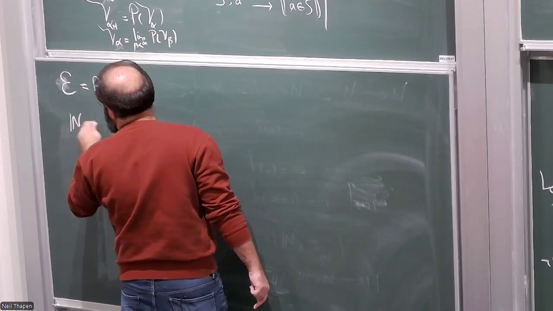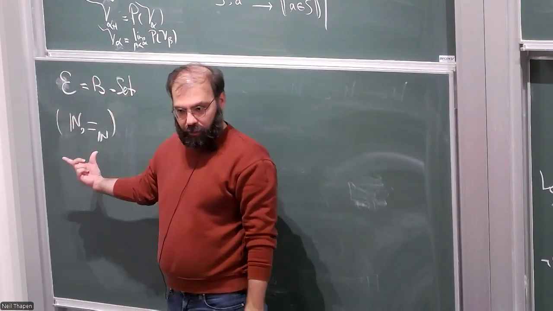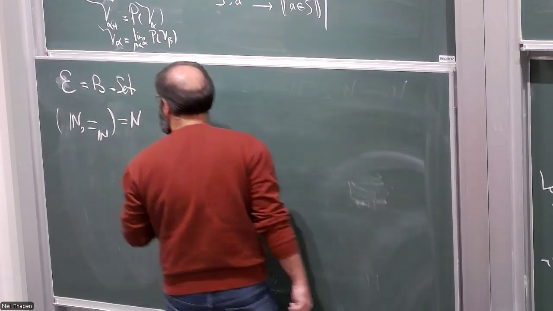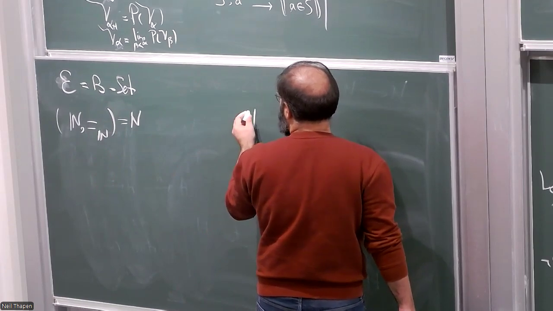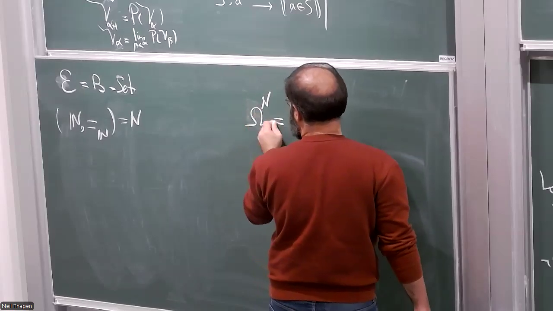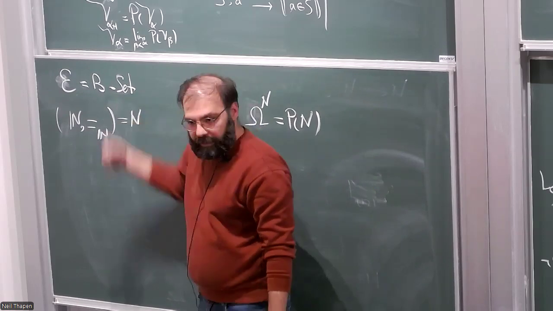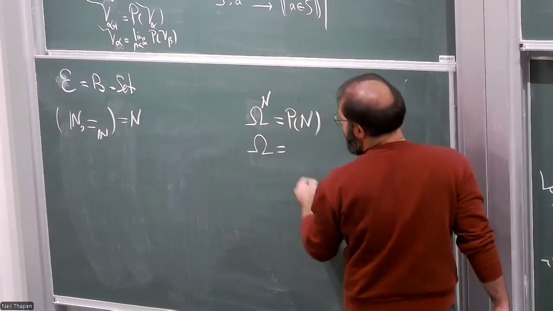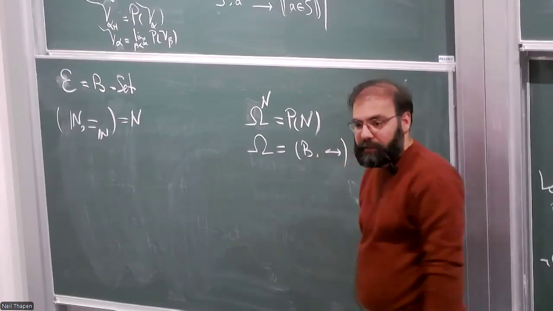So N equality is my NNO. Let's call this guy N. And then I have the power of N, which is omega to the N, inside B-Set. And remember that omega, the subobject classifier in B-Set, was B with equivalence.